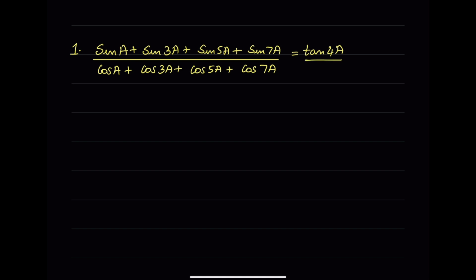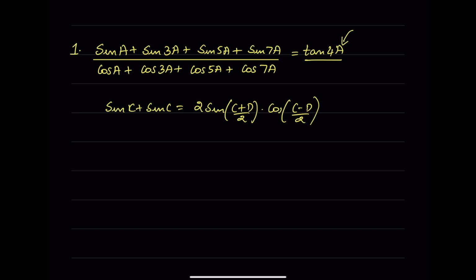So we are going to apply the sum to product formula. But before we do that, let's understand what we actually need. The resultant value should be equal to tan 4A. If we have observed the formula, for example, sin C plus sin D is 2 sin of C plus D by 2 and cos of C minus D by 2.